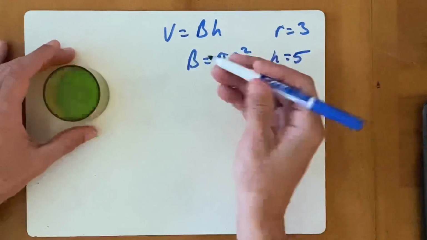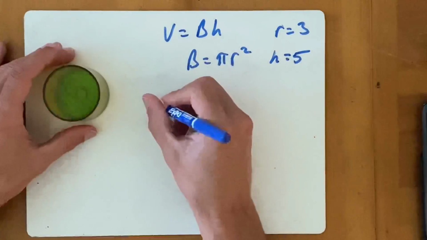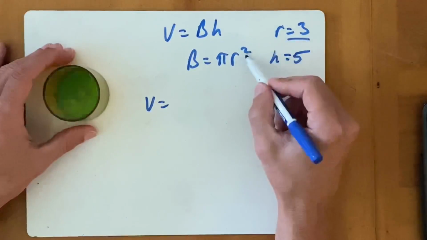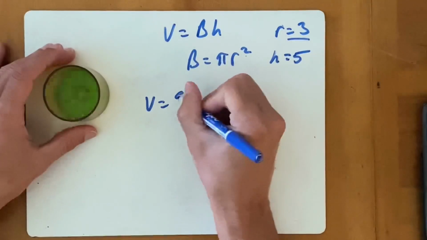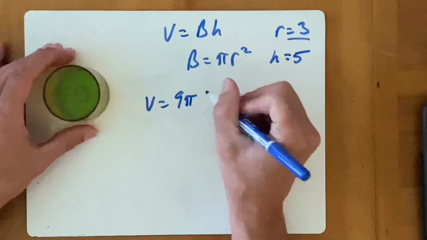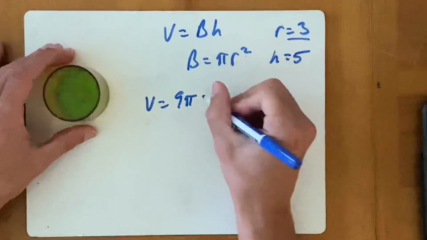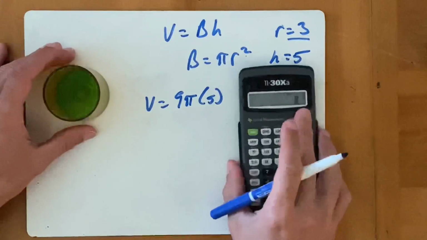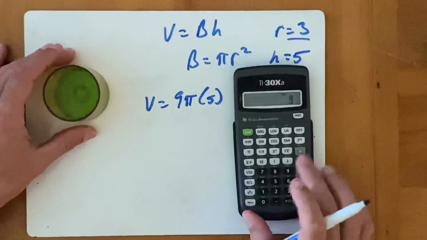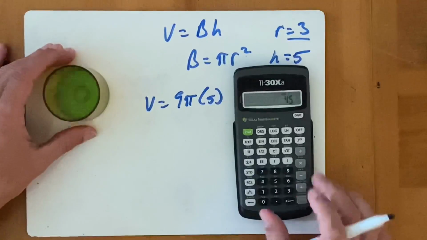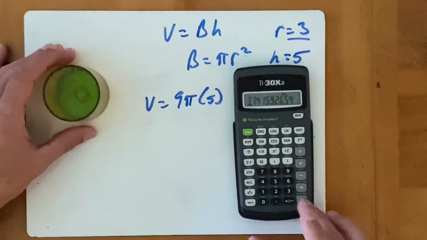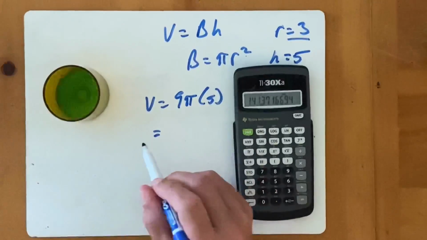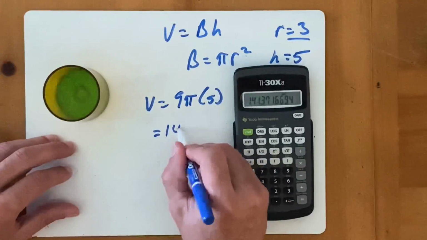So volume is pi r squared times the height. 3 squared is 9 times pi, so the area of the base is 9 pi, times the height, which is 5. Pretty easy. 9 times 5 is 45, then I multiply that times the pi key, and I should get a final rounded answer of 141.4.